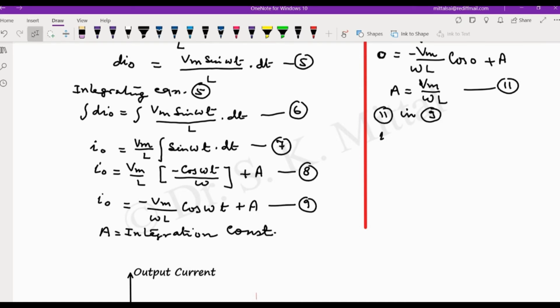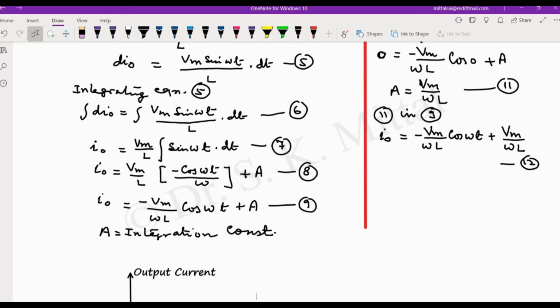Therefore, I0 is equal to minus Vm upon omega L cos omega t plus value of A. Value of A we have calculated, Vm upon omega L.